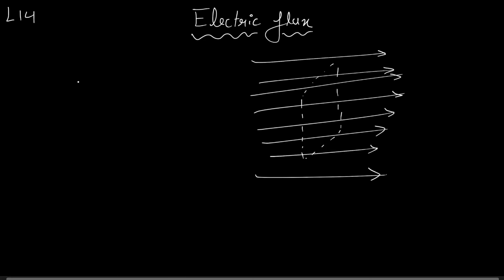And this can be represented by, let's suppose you have a small area. We are interested to find out the number of lines passing through this small area, ds vector. We have discussed in the last-to-last lecture that the area element is a vector quantity, and I am representing this small area by the vector ds.